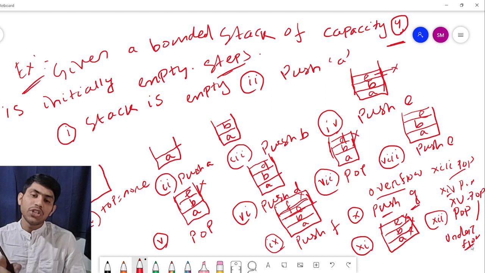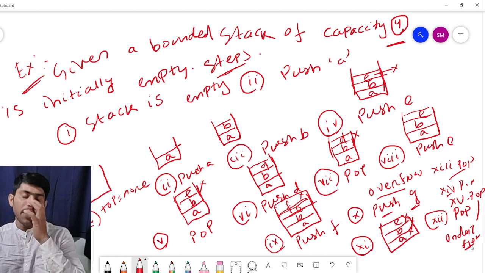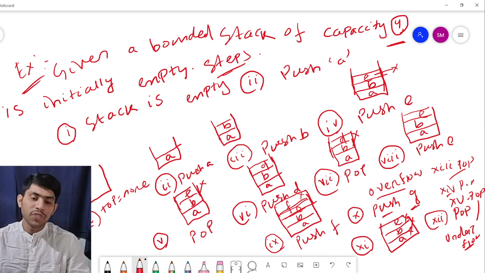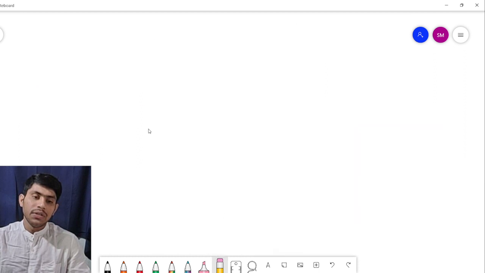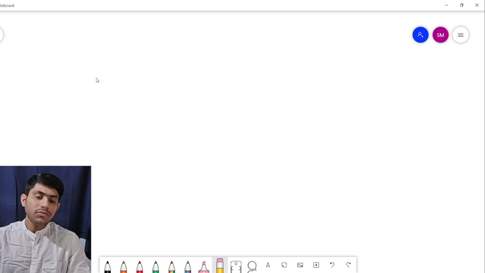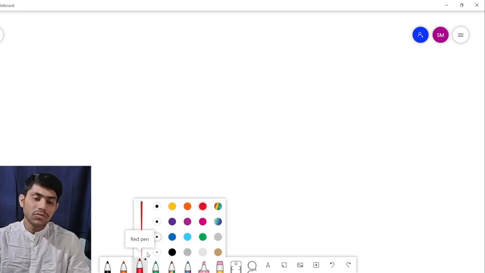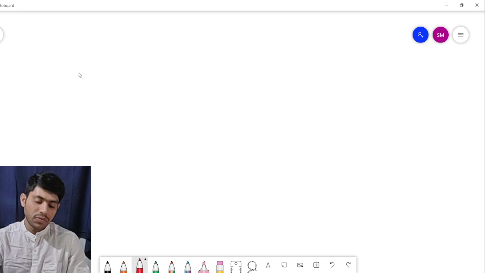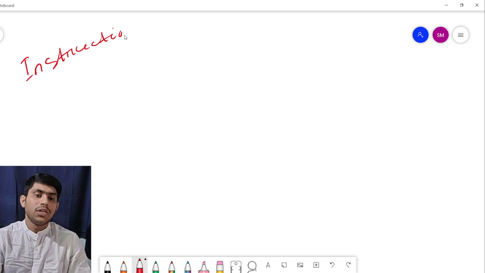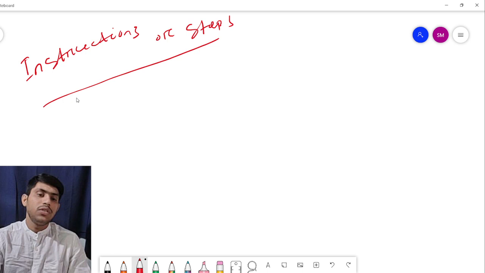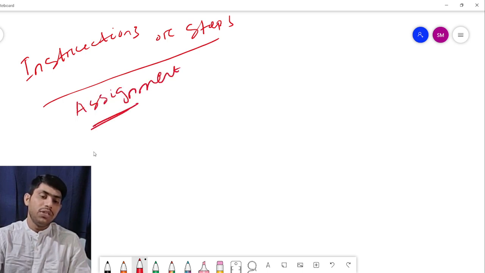I am writing the steps again, and based on the steps, that is your assignment. You will make one stack based on that.